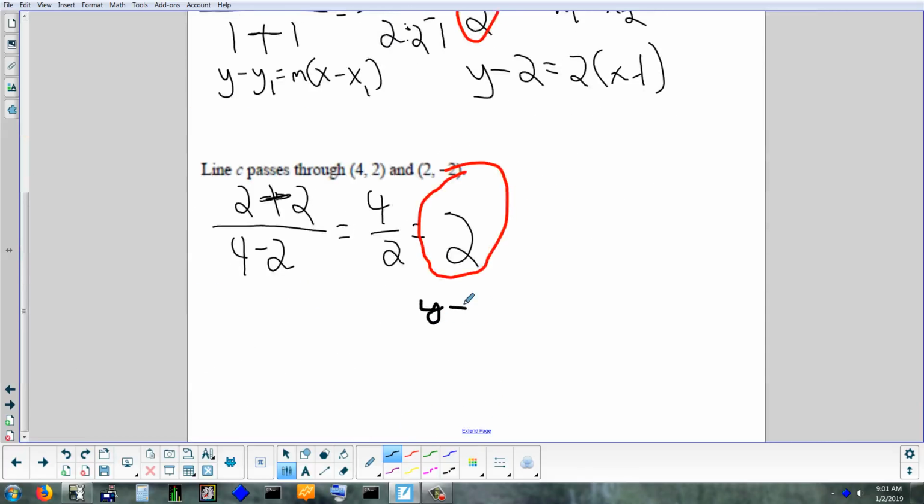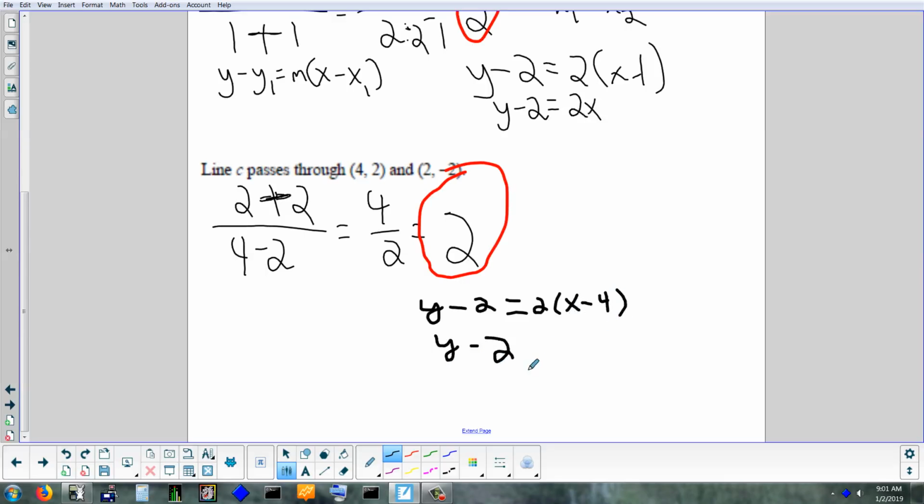To get it in slope-intercept, what's the first thing I have to do? Distribute, right? Nothing happens on the left. When I distribute, what do I get on the right-hand side? 2x. What else?